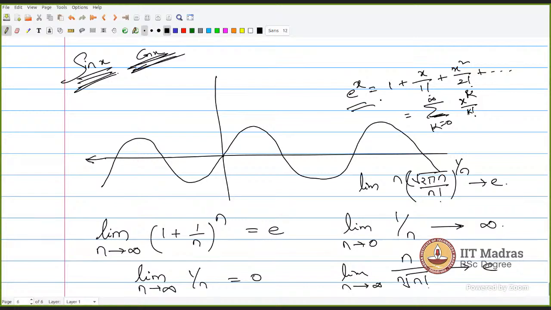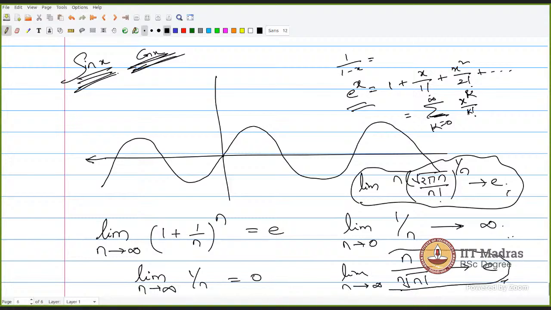This is just the expansion of e power x, and also you have the expansion of 1 by 1 minus x. Just look at the expansion of 1 by 1 minus x also. For these things you just have to remember, or you don't need to worry about these particular things.